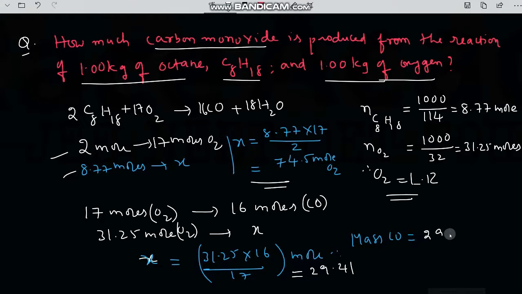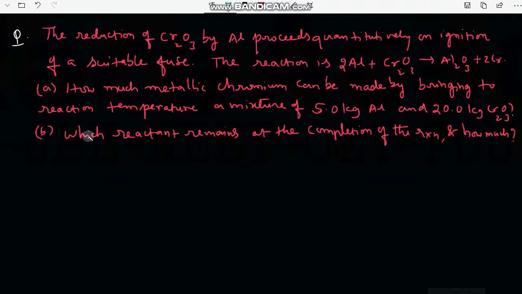This 29.41 moles of carbon monoxide will be multiplied with its molar mass 28. Then we will get 823.52 grams. So this is the mass of carbon monoxide produced from the reaction of 1 kg of octane and 1 kg of oxygen.